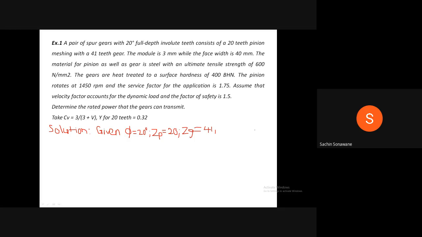Therefore, write down module m, m is equal to 3 mm. Start writing with me, all the students. And face width they have given, notation is small b. Face width b is equal to 40 mm.